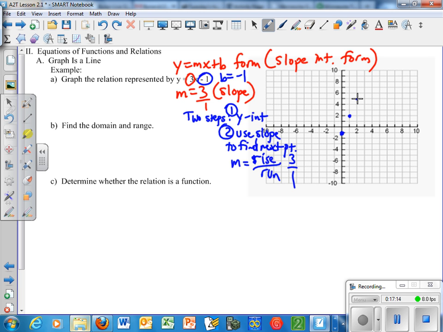I could rise another 3, run another 1. I could go down 3, left 1. You can kind of see where they're going to line up. Now you only need 2 points to draw the line. I'm putting them on there because of the line function in my smartboard. And actually you need arrows on both ends. There's what our line looks like then, with arrows on both ends. So there would be the graph of that line.